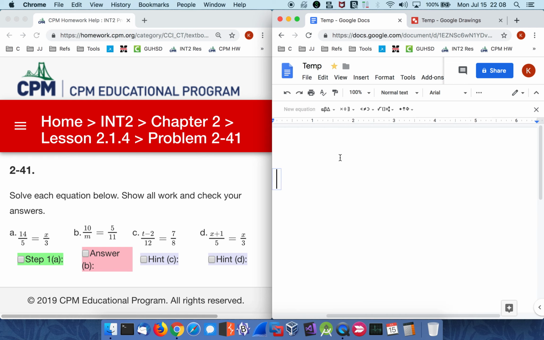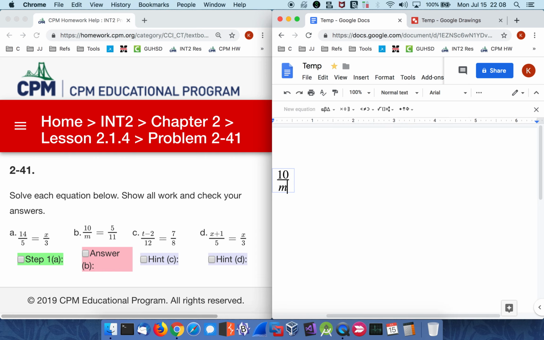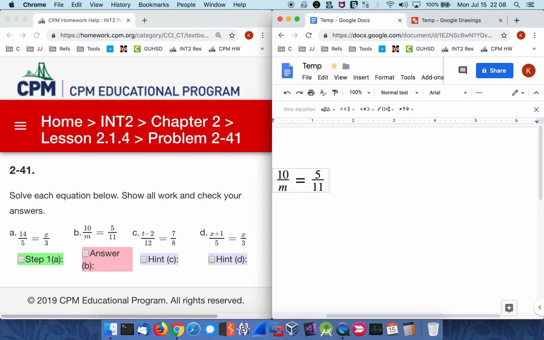Alright, and we'll go a little bit faster this time because you probably already solved these. So let's just go ahead and do 10 over m equals 5 over 11. And since we know the cross-multiplying trick now, we'll say 10 times 11 equals 5m.